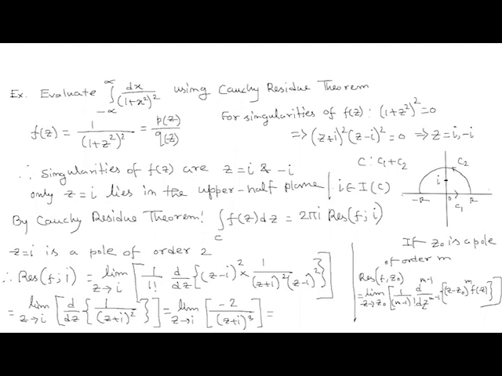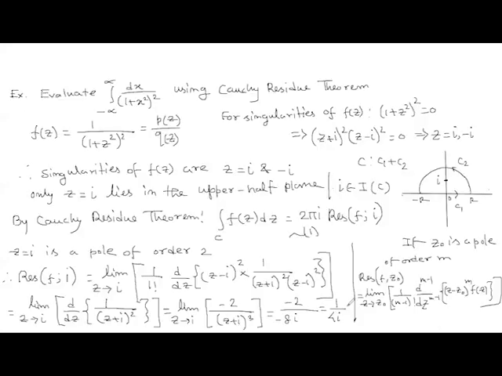So from here we are getting the residue as minus 2 by 8 minus 8i, so that is equal to 1 by 4i. Now let it be expression 1.